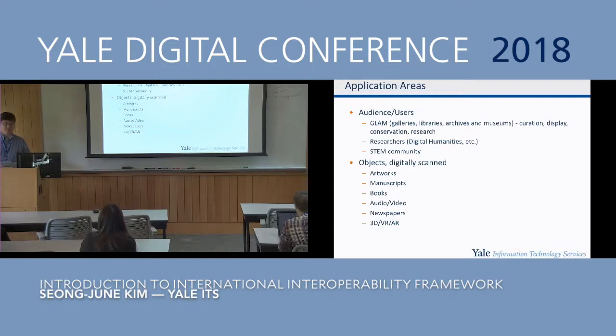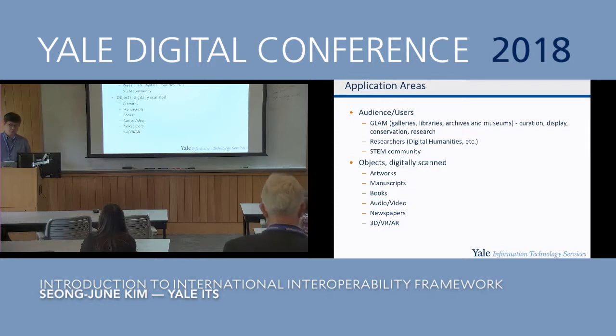Traditionally it was galleries and museums, and now because of the research, there are a lot of new use cases coming up. So there's very active ongoing enhancement both to the specifications and implementation programs, which is very exciting. Also, they are reaching out to the STEM community both in research and education aspects.